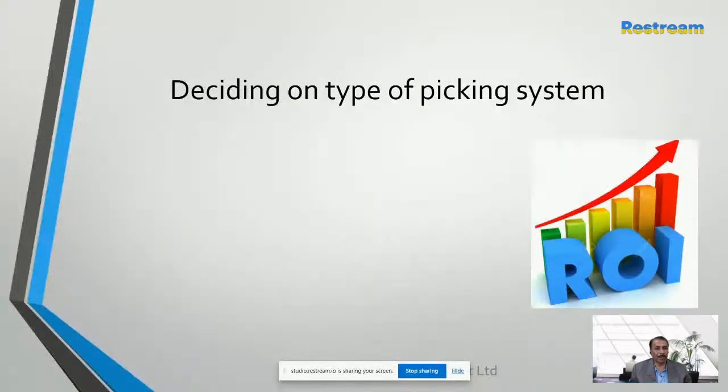Deciding on a type of picking item, like I was telling about the cost benefit analysis, finally the output can be based on ROI, return on investment, or payback period.